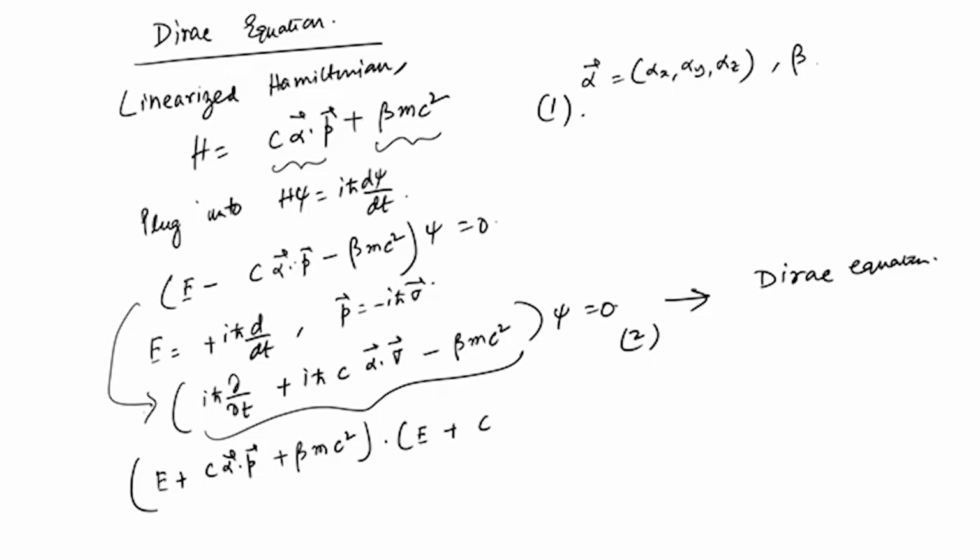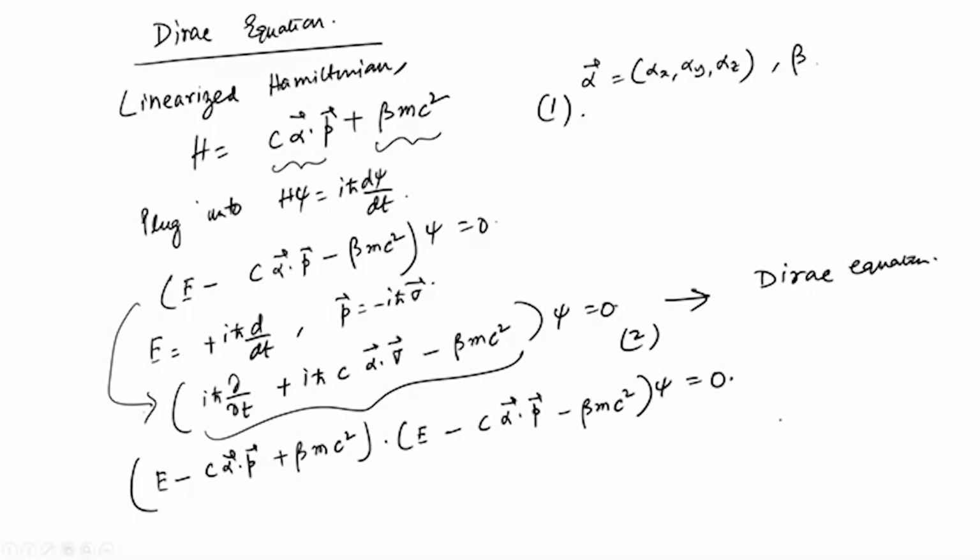If you write it in terms of p there is a minus sign, and if you write it in terms of p equal to minus i h cross del, there is a plus sign, so we should not make a sign mistake. So E minus c alpha dot p minus beta m c squared, acting on psi, gives 0.